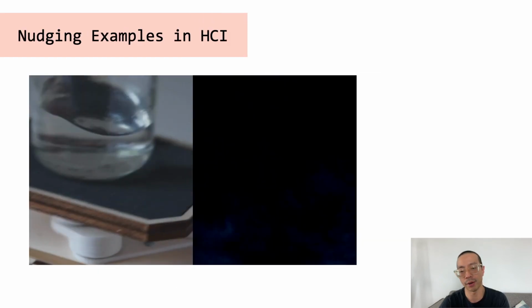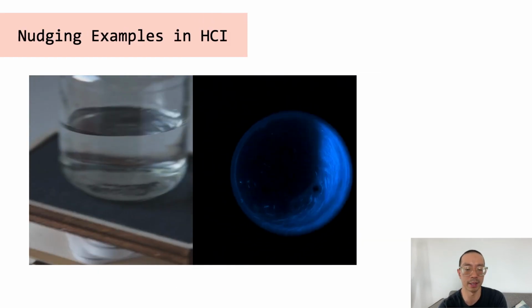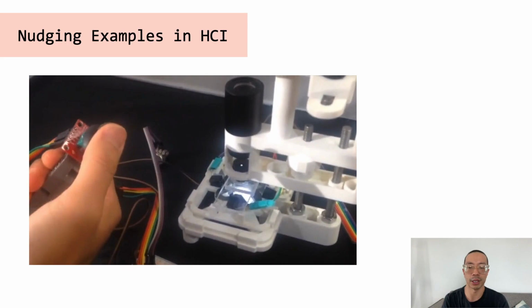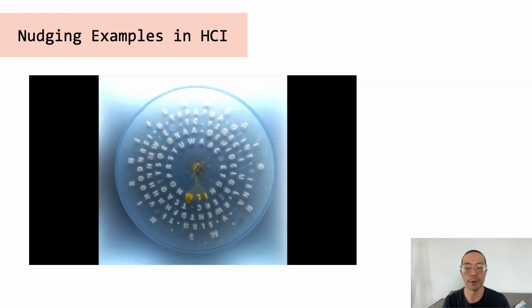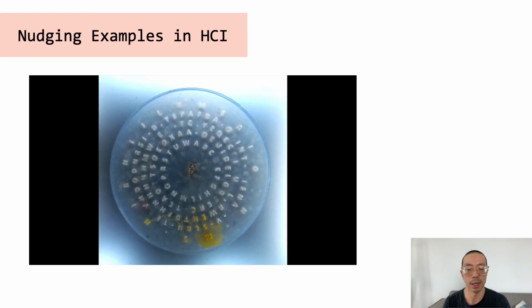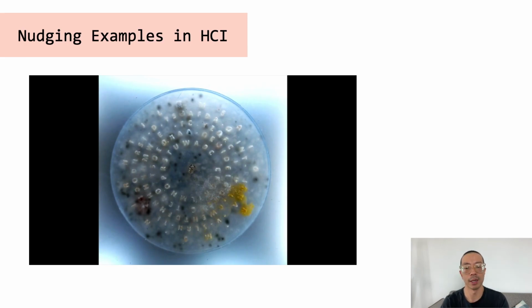In HCI, various forms of nudging have been implemented, including mechanical agitations, light-induced human microbe interaction, food-driven pattern formation, and many more. These nudging mechanisms can be adjusted in terms of their intensities to effectively tune the quality of microbial displays.